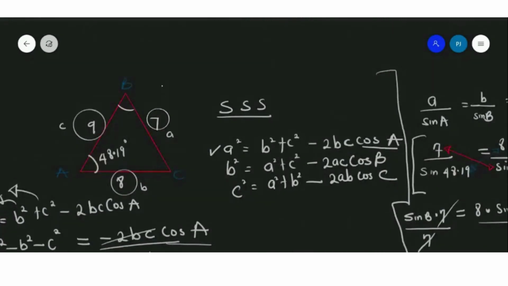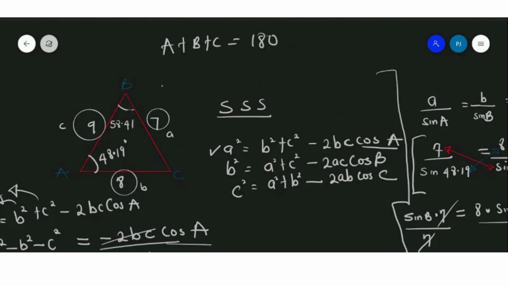I'm just going to make this smaller so it can be clear. Remember we said A plus B plus C should always be equal to 180 degrees, if you still remember that.